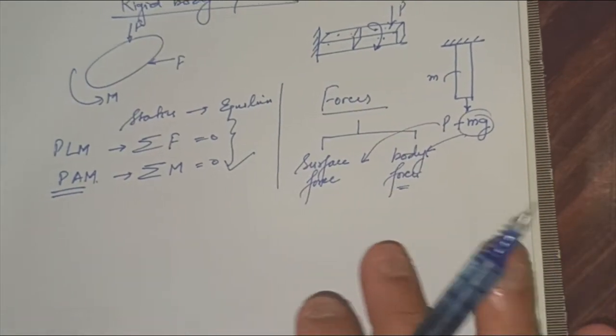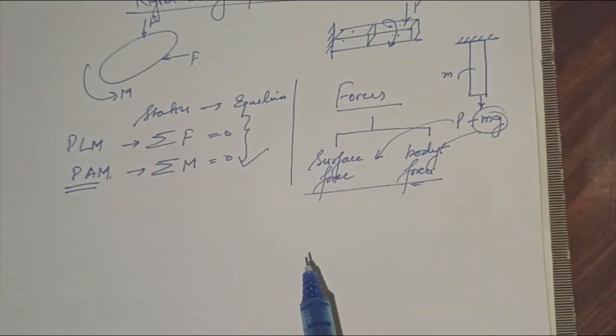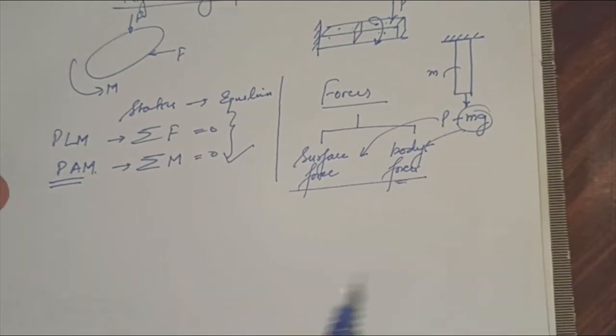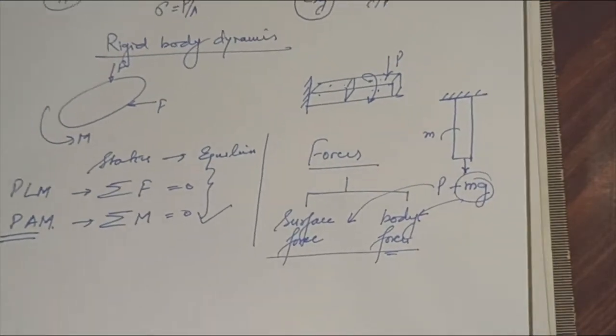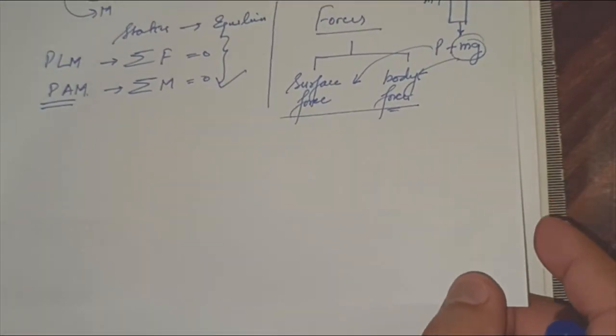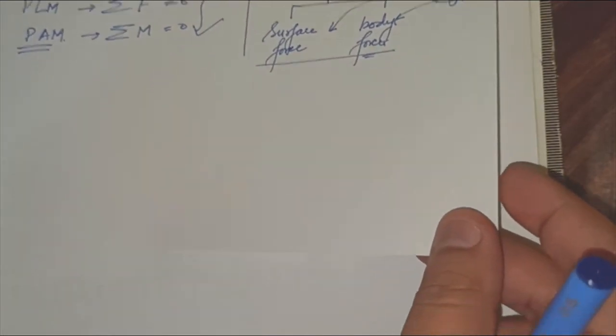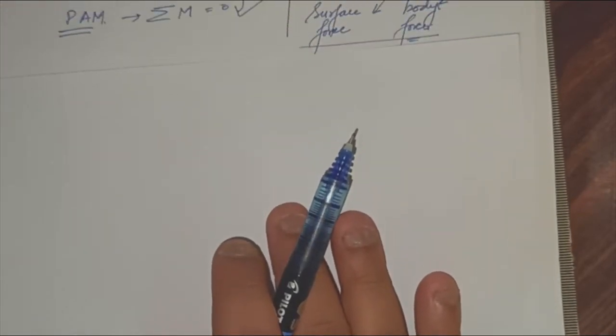So by keeping this in mind, let me introduce you to the equilibrium equations, and then I will tell you the importance of the equilibrium equations, why they are important, and what we are going to do in this. So before we do this, let me first arrange this for you.